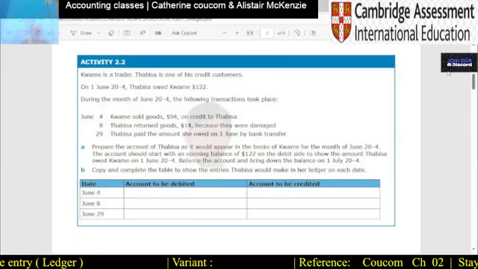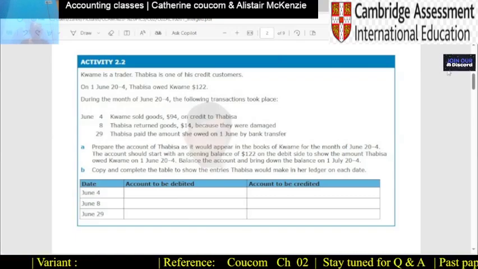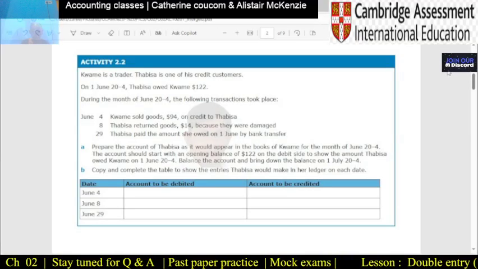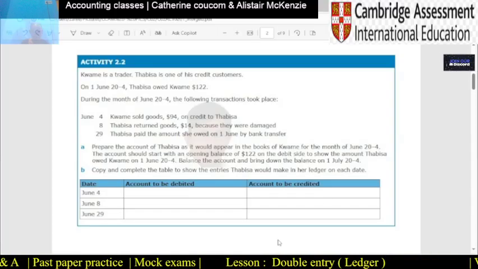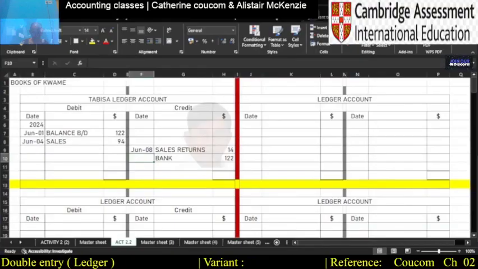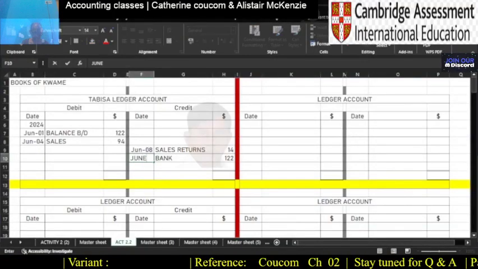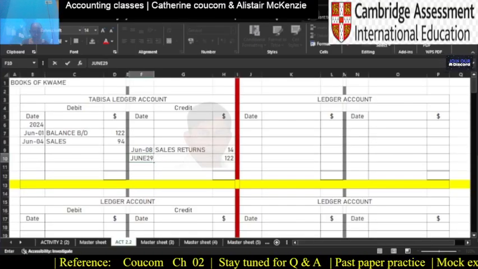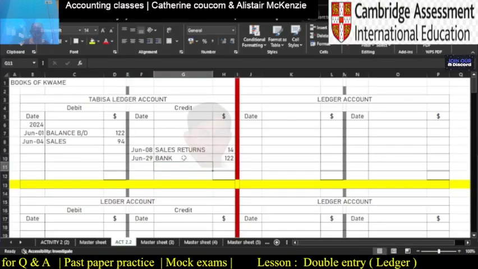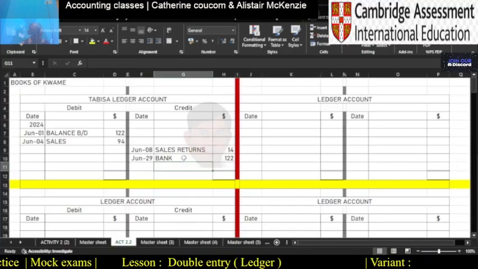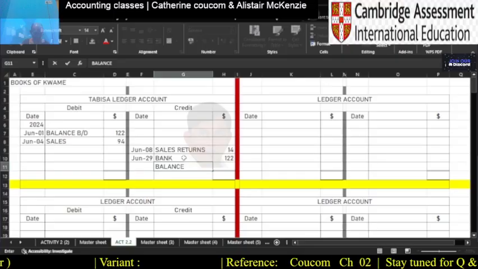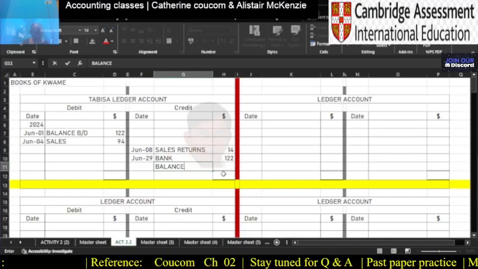June 29. Bank 122. So now we have to balance. How do we balance? First you put the total.